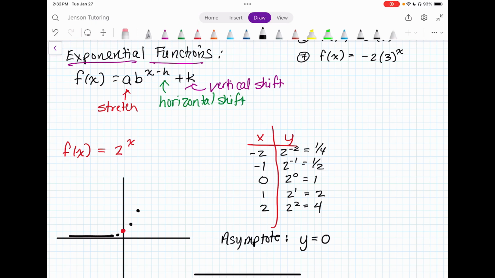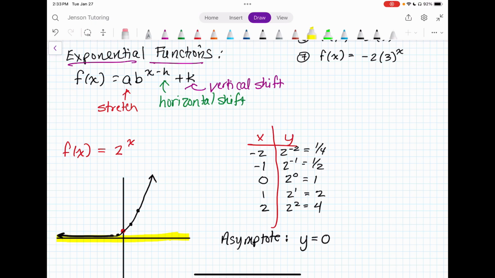So it's going to get really close to 0, but never quite get there. And of course, as x gets bigger, y is going to increase as well. So I'm going to highlight the asymptote here with yellow highlighter. And so I have my asymptote is y equals 0.